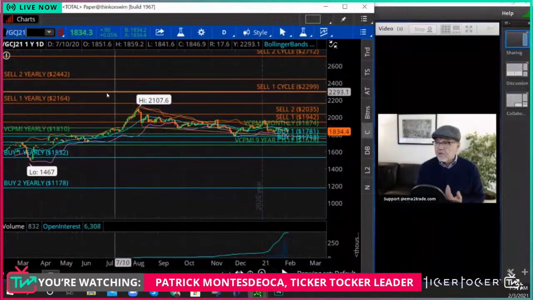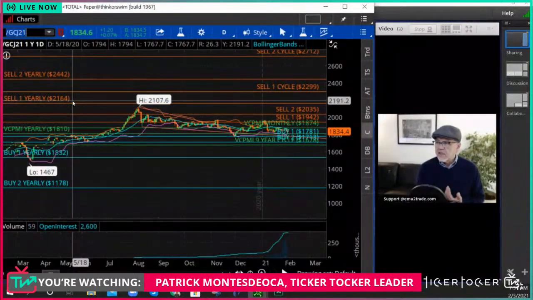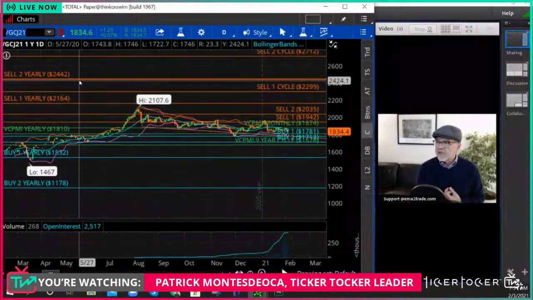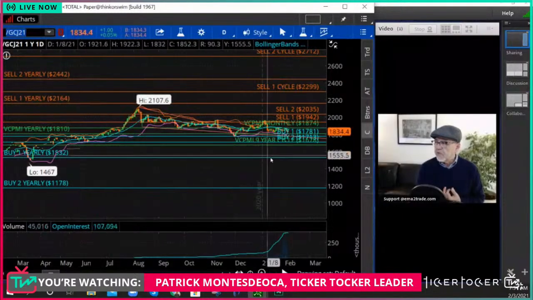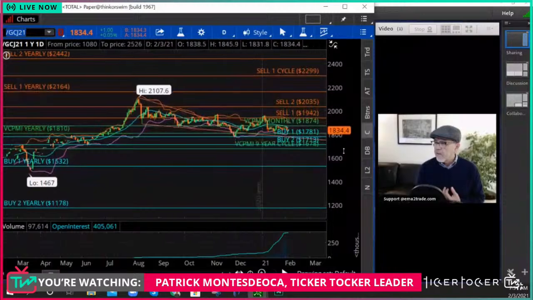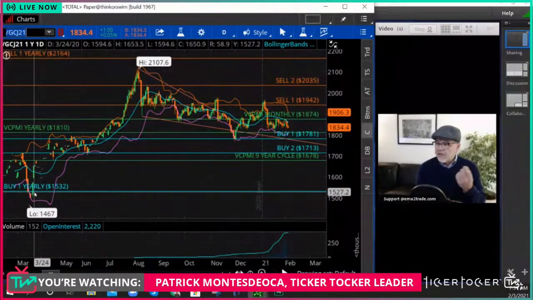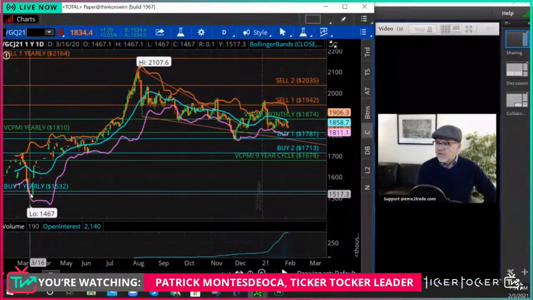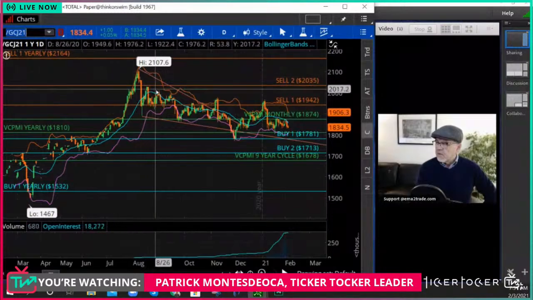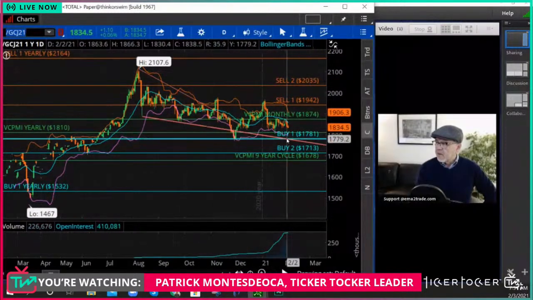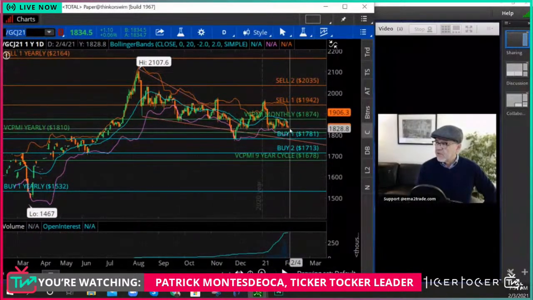When we come in short term, we take a look at the yearly, and that is into that 2164 to 2442 level. I think we can clearly see that the market is tremendously supported, and the pattern is building to be an extremely bullish pattern.